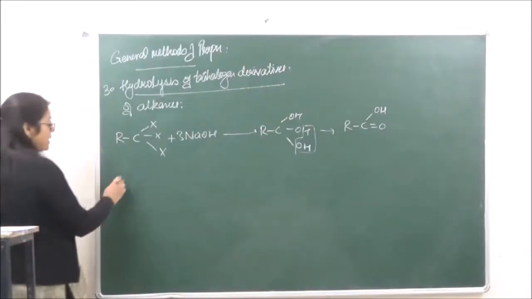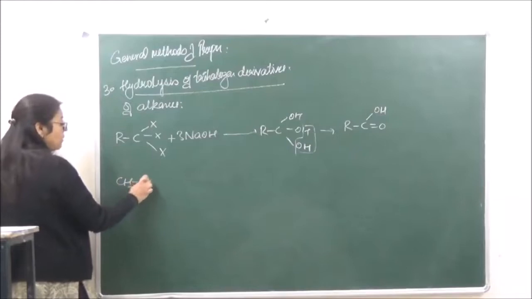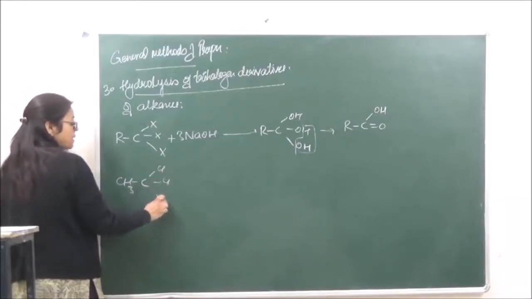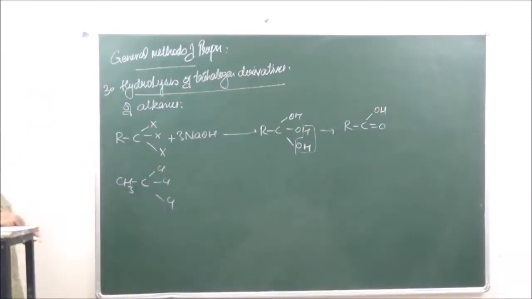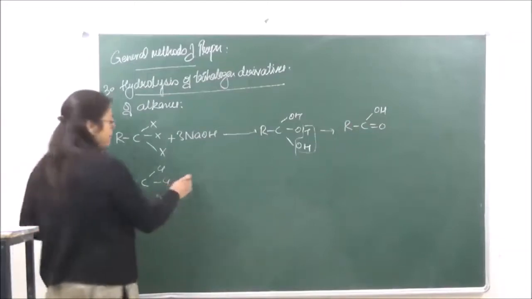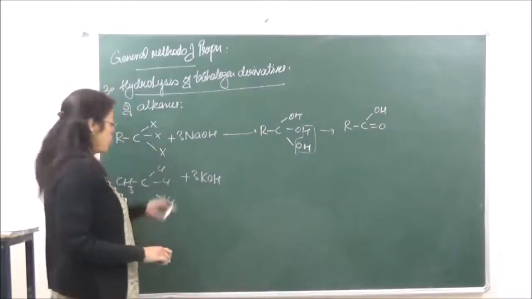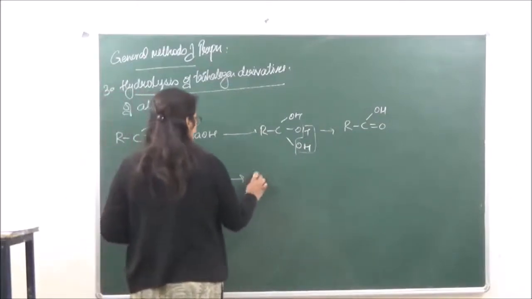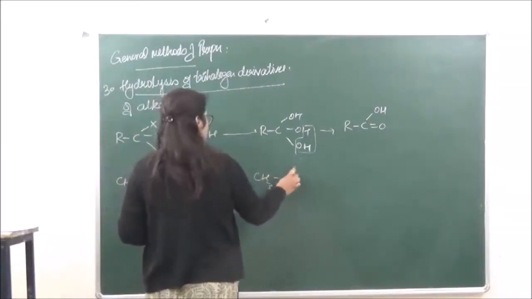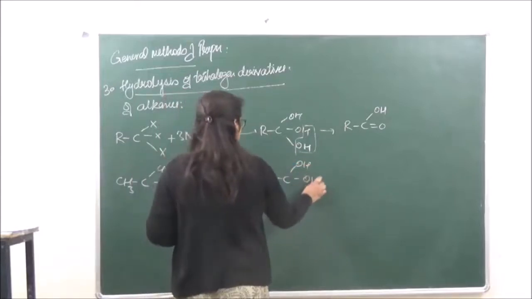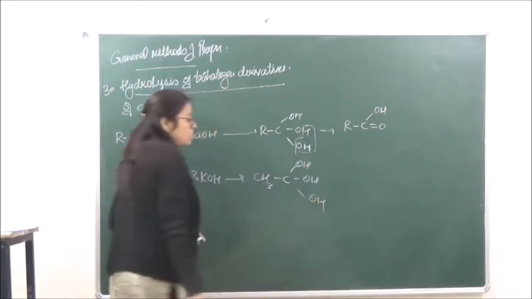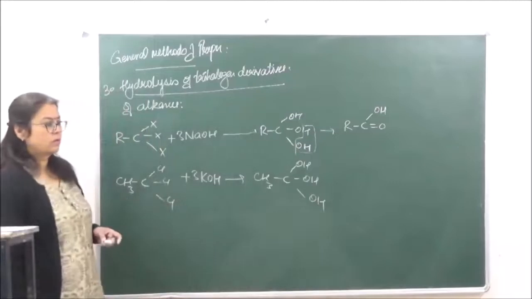If we have any other compound, let's take an example. We are taking 1,1,1-trichloroethane, reacting it with 3KOH. All the three chlorides will get substituted. Right?